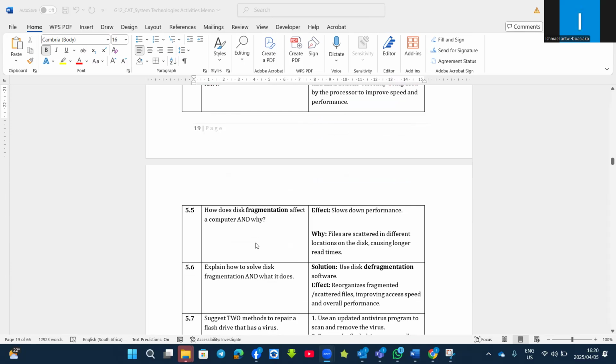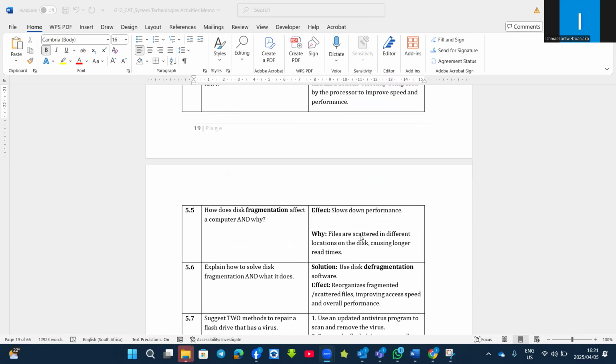And then 5.5, how does fragmentation affect the computer? Here we are talking about fragmentation. Fragmentation slows down the computer. What does fragmentation do? Fragmentation is whereby files are scattered on the disk, which makes the computer slow.